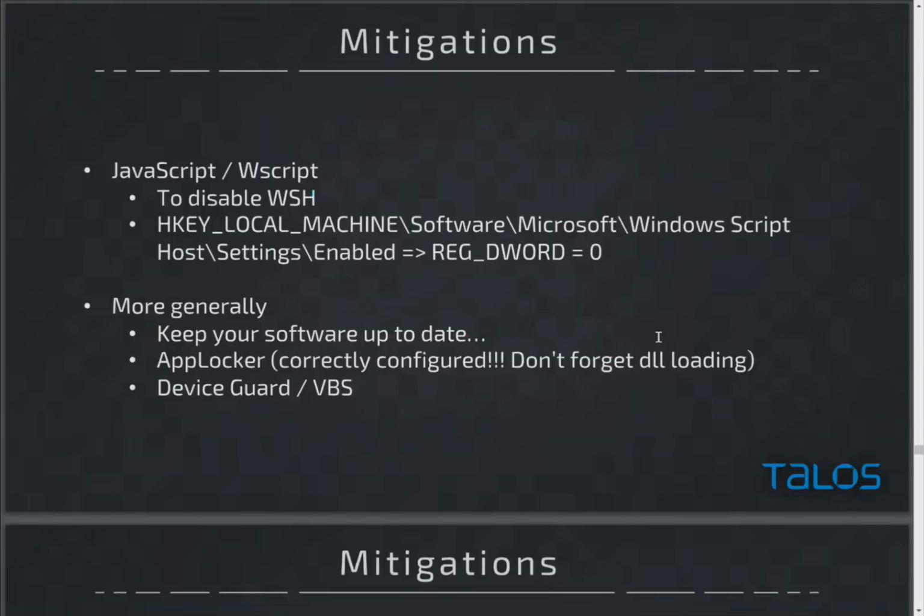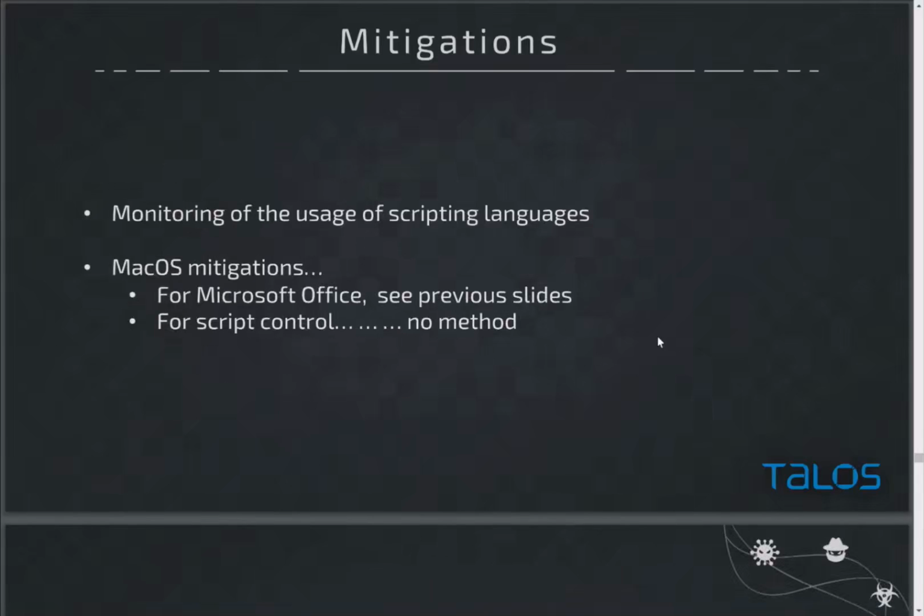So it avoids the execution of .exe files, but it does not block library loading. And after that you get more advanced stuff like Device Guard or VBS on Windows 10. I'm not here to mention everything. And for macOS, I don't know if we can control scripts, and I don't think we have all the mitigations equivalent to the Windows system.